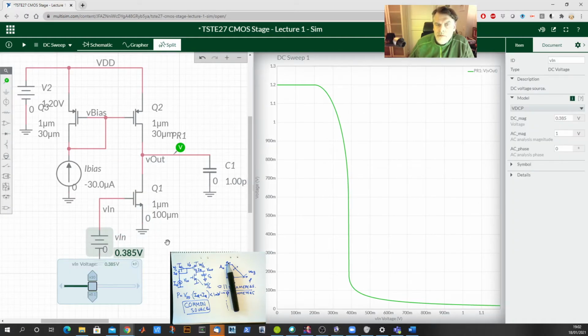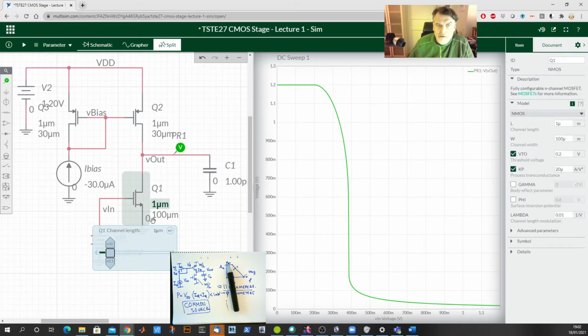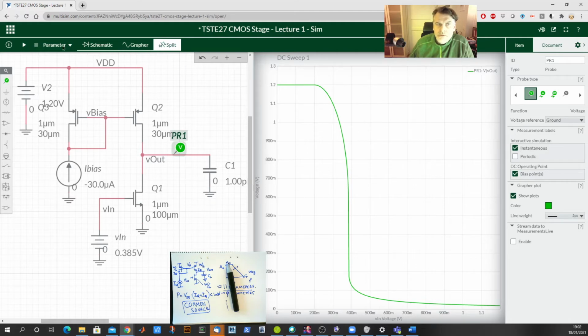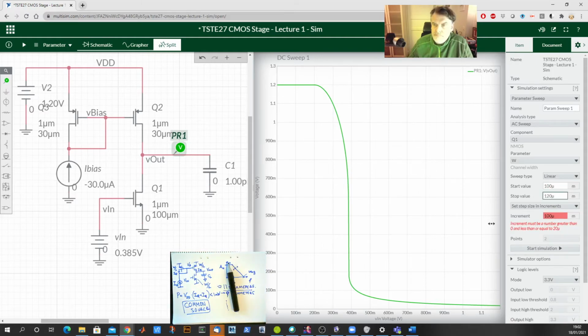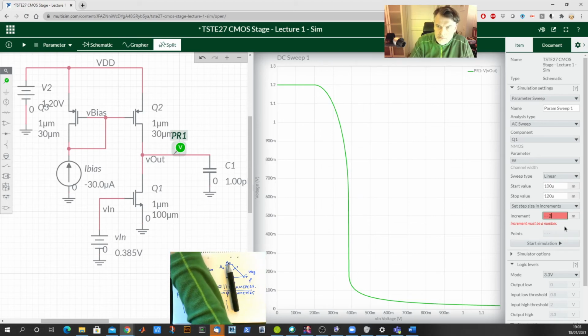And for the fun of it, we could do a parameter sweep of a transistor. Let's do a parameter sweep, and then document, and let's see if we can do that for component Q1, and we want to sweep parameter W down here, channel width, maybe from 100 to 220 microns, with steps of 2 microns.